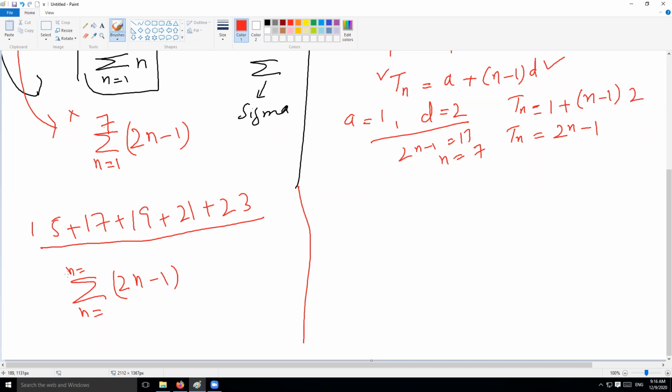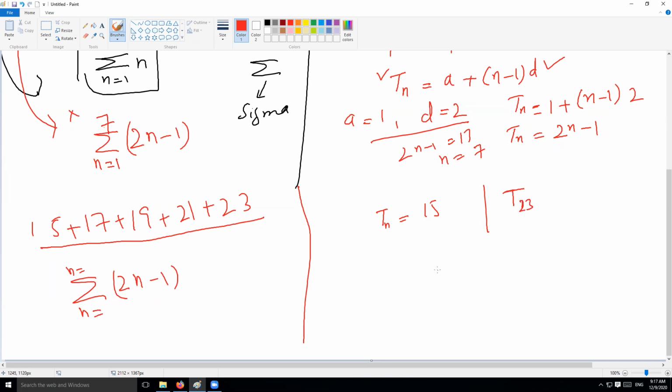Sir, start from the first term, n equal to 1. So here is the thing. You have to figure out what term is 15 and what term in the sequence is 23.